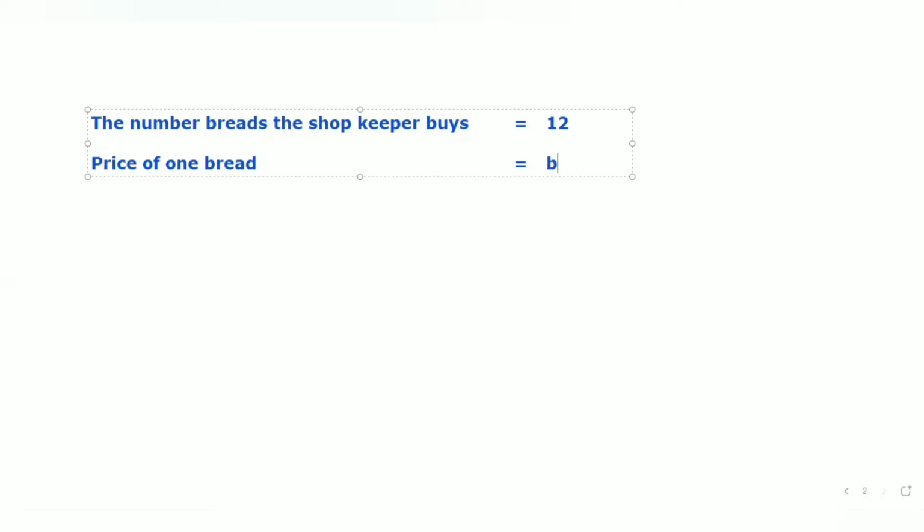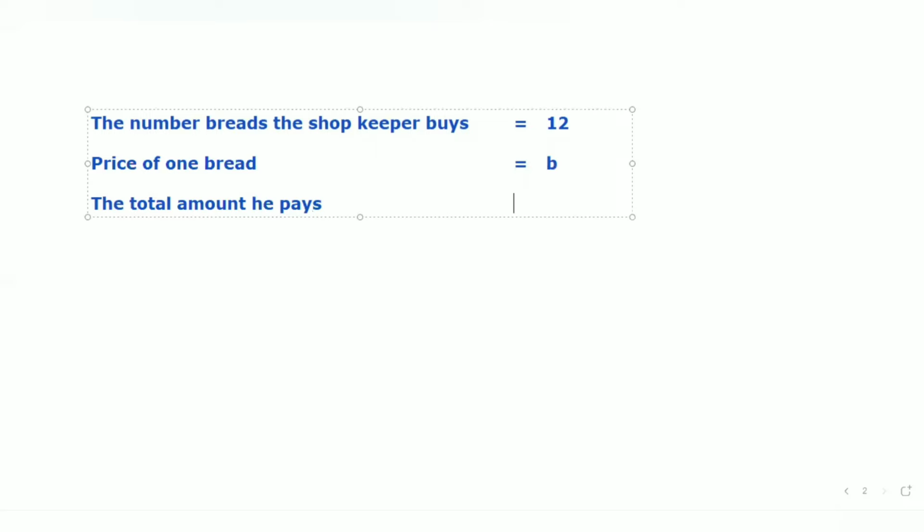So the first question they ask is the total amount the shop owner pays for the loaves of bread, right? So we have to find the total amount he pays for the loaves of bread.